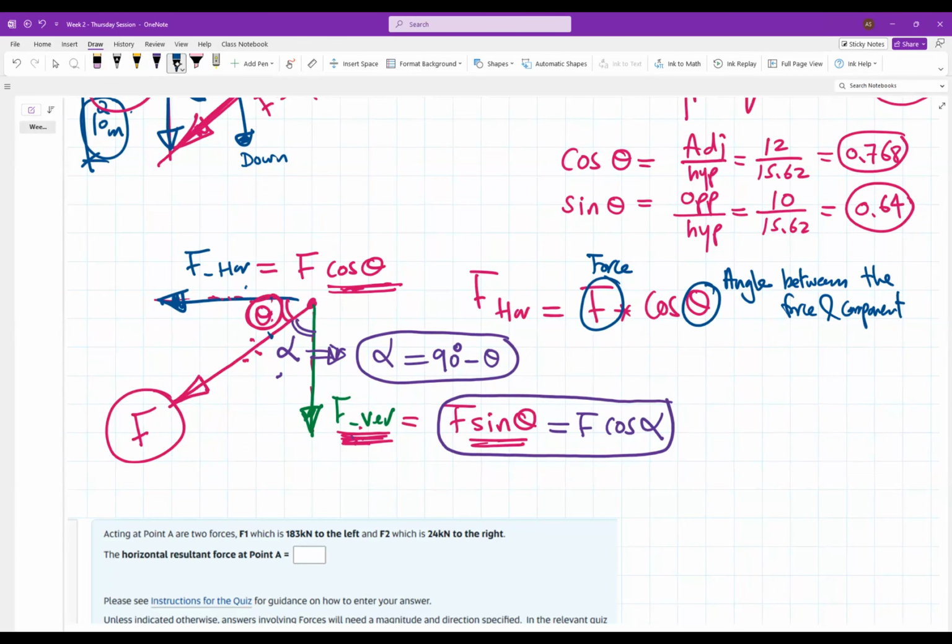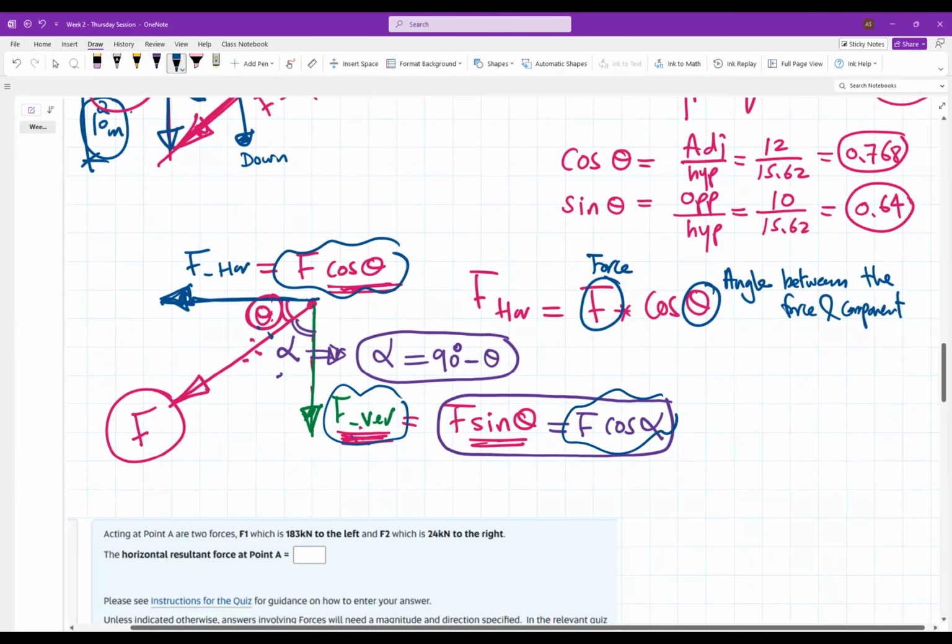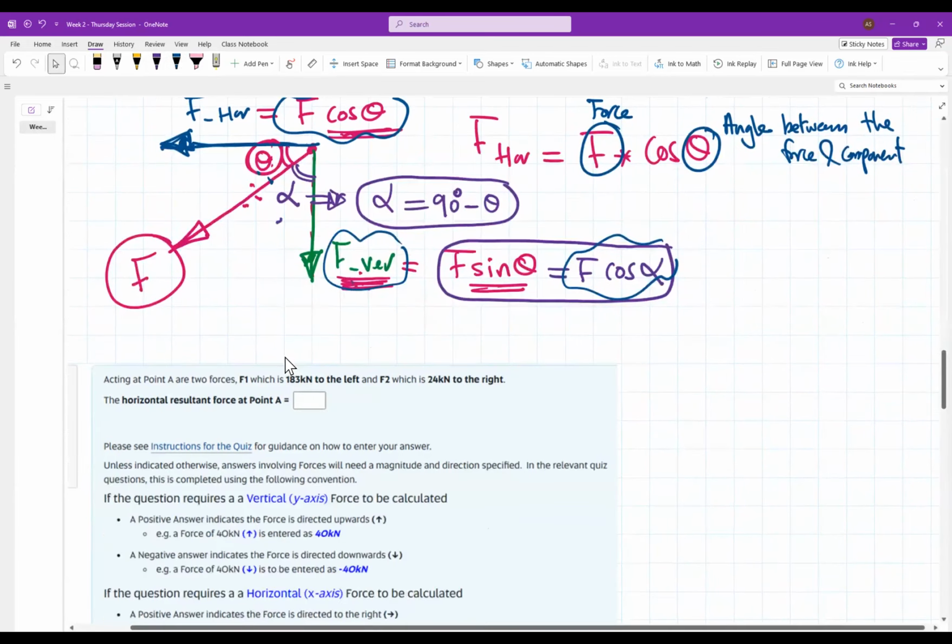For example, the horizontal component is close to theta, so it becomes F cosine theta. The vertical component is close to alpha, so it becomes F cosine alpha.